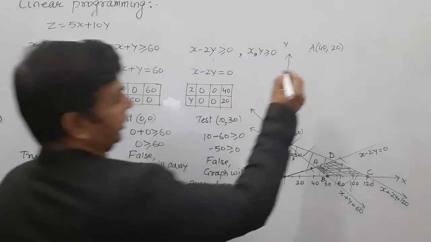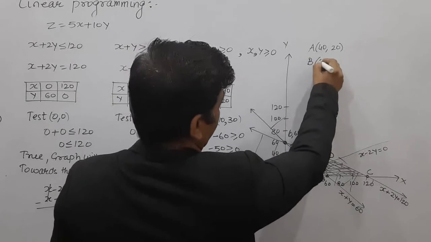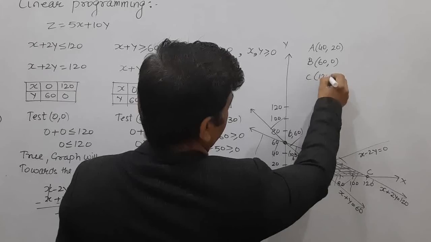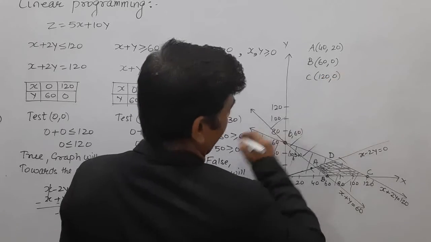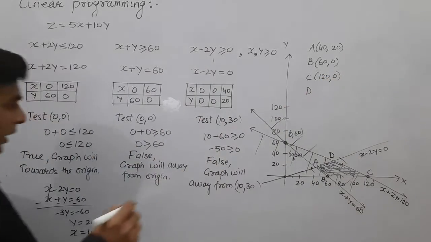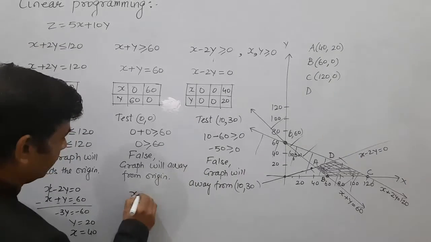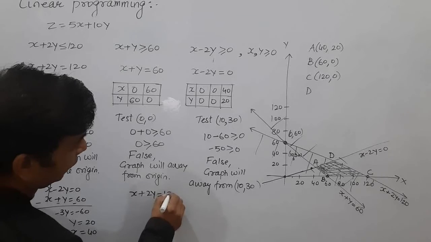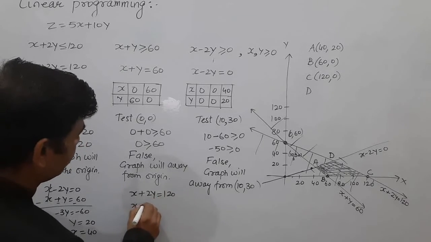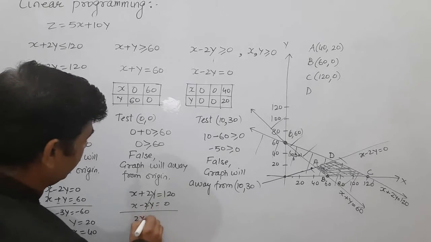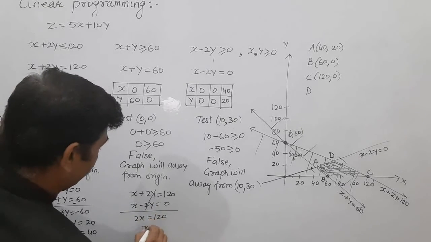B point is already there, which is your 60,0. C point is we have on the x-axis as 120,0. D point need to find, and D point is your the point of intersection of the line x plus 2y is equal to 120 and x minus 2y is equal to 0. By adding both the equation, 2x is equal to 120, x will be your 60.